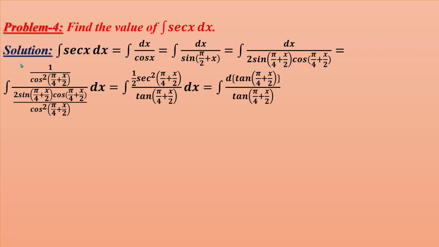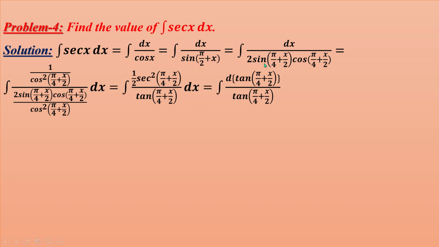As here a means, 2 into pi by 4 plus x by 2, that means cutting the 2 we get pi by 2 plus x. So pi by 2 plus x means 2 into pi by 4 plus x by 2, for making the formula sin 2a.